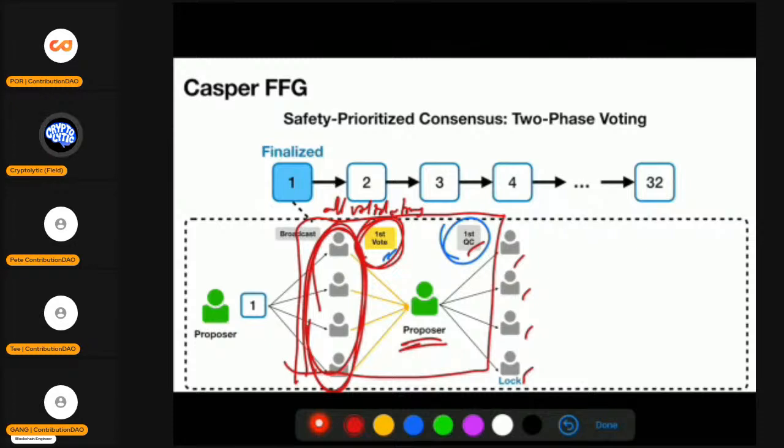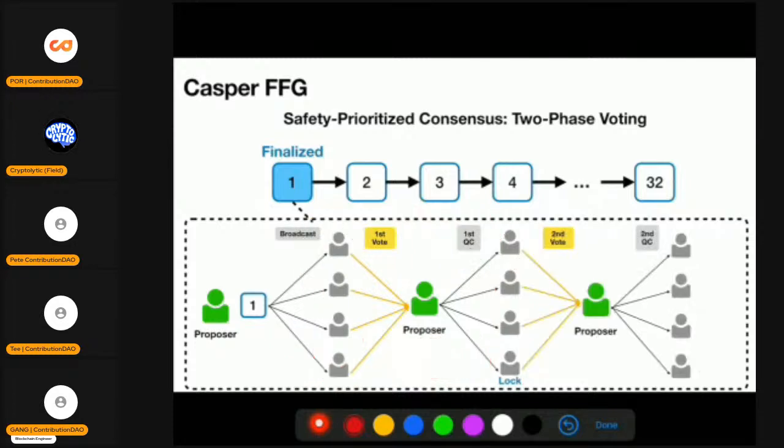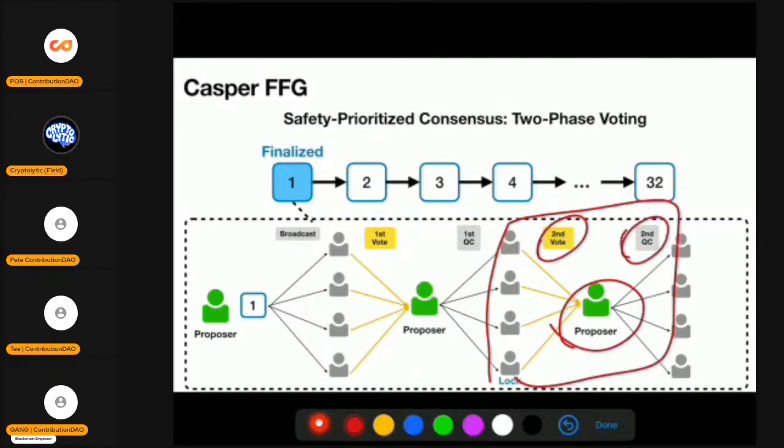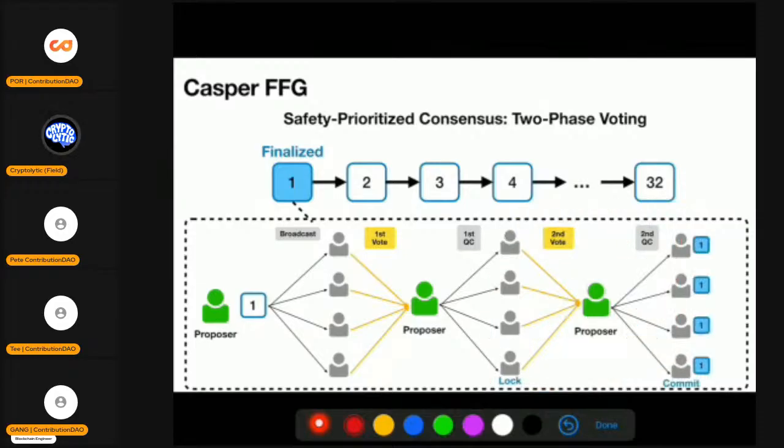It is going to make a second vote, and then the proposer will aggregate these votes into a second quorum certificate and broadcast it to all validators again. Once a validator receives the second quorum certificate, it can finally finalize the block, or commit the block. So you have two voting phases here.